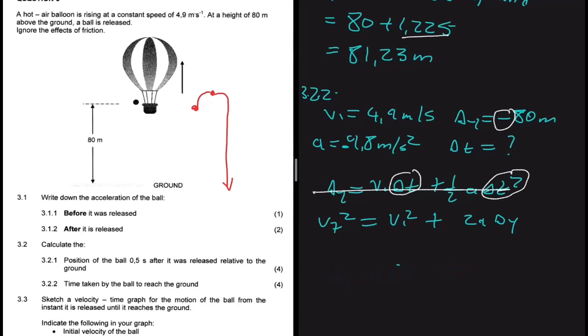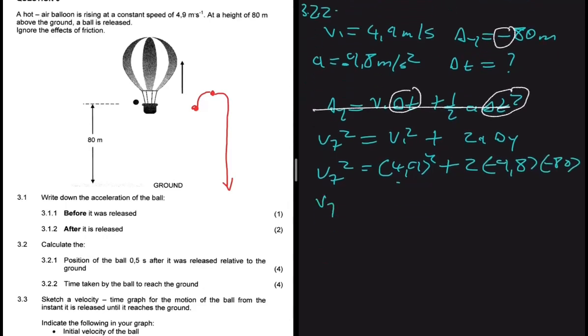But let's do that first. So Vf squared equals Vi, which is 4.9 squared, plus 2 multiplied by acceleration. Acceleration is minus 9.8, and then we have delta y, which is minus 80. So from here, we're going to take square roots on both sides.